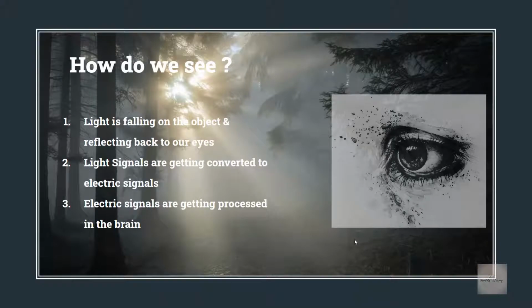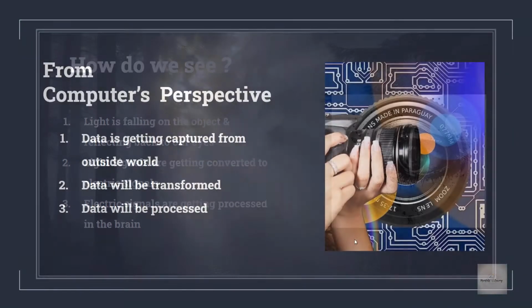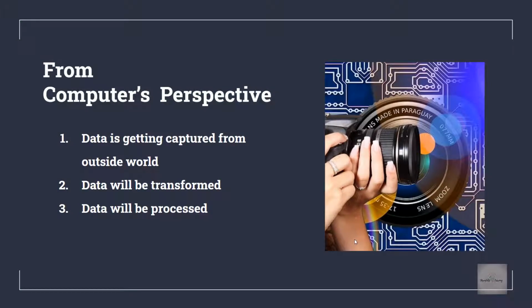Now, in terms of computer science, I can say data is captured from the outside world, which is the same as light falling on the object and reflecting back to the eye. In the second event, the data is transformed, which is the same as light signals being converted to electrical signals. And in the final event, data is processed, which is nothing but signal processing in the brain. Got it?